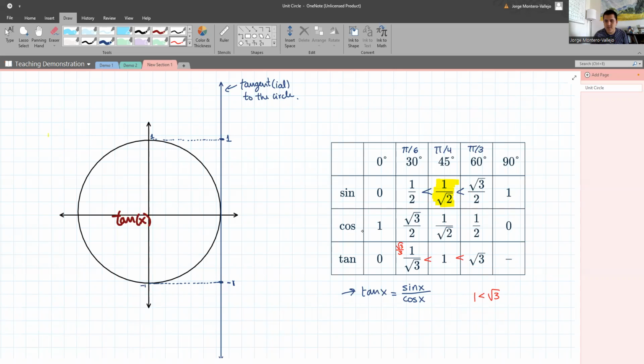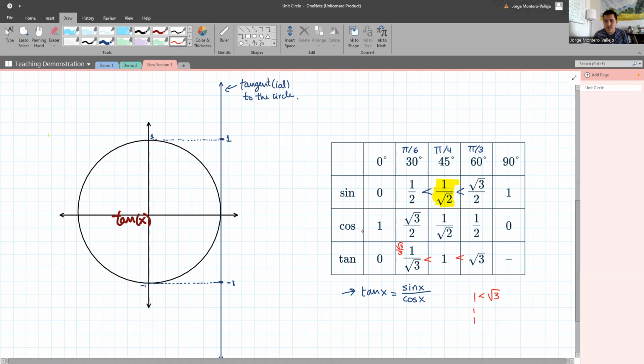Taking the reciprocals, we get 1 over 1 and 1 over the square root of 3, and the inequality sign changes. And 1 over 1 is just 1, so 1 is bigger than 1 over the square root of 3. That's how you can remember the order.